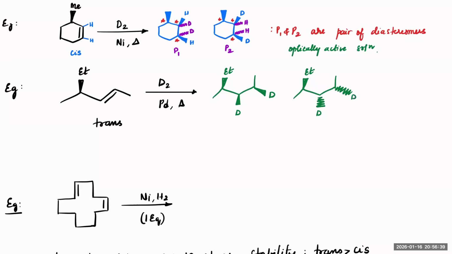So these two are the products. Again, these three are chiral centers, but they are not exactly mirror images. So again, what are these two? These are a pair of diastereomers. Clear? Next.